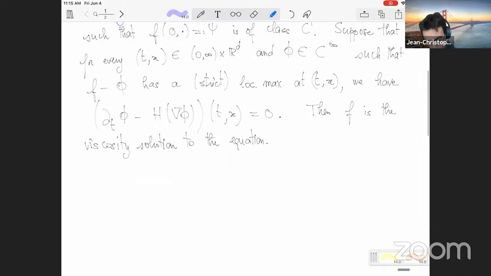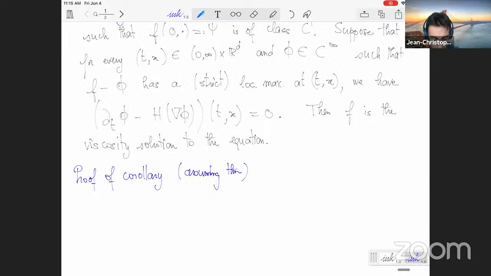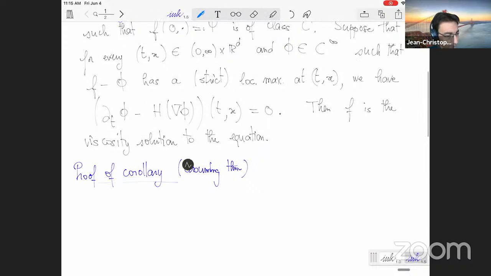All right, so let's prove this corollary, assuming the theorem. I postponed the proof of the theorem. I will do the proof in two steps.